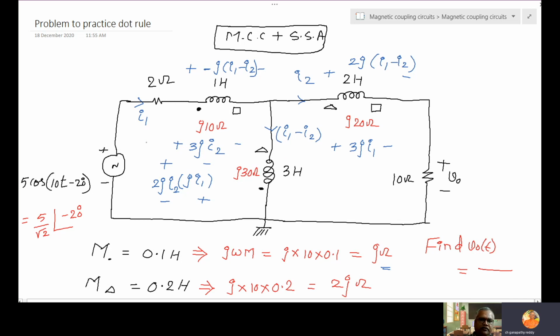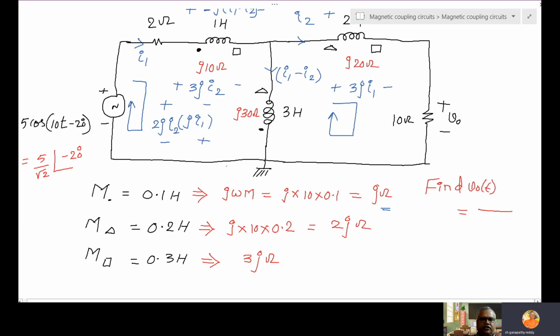Now we can write the mesh equation. Here one mesh equation, here one mesh. When I am writing the mesh equation, the first equation will be 5 by root 2 angle of minus 20 is equal to 2 I1 plus j10 into I1, the self-induced EMF.